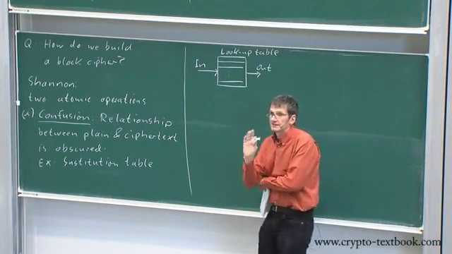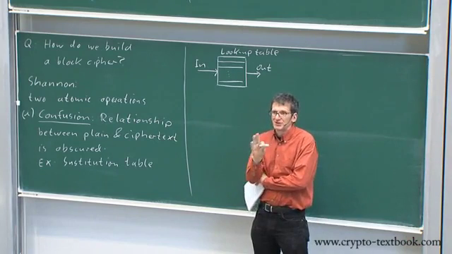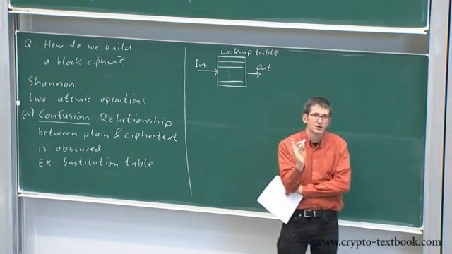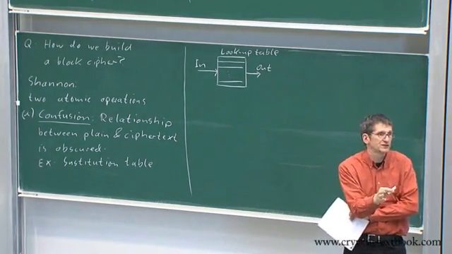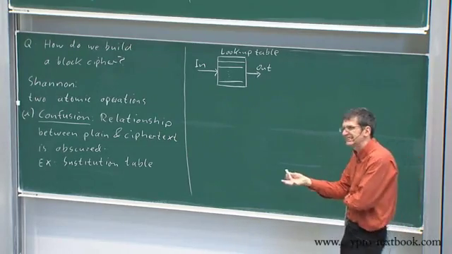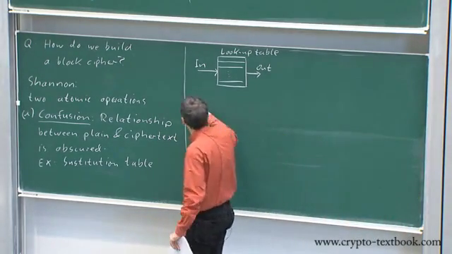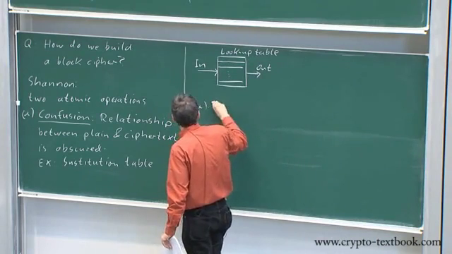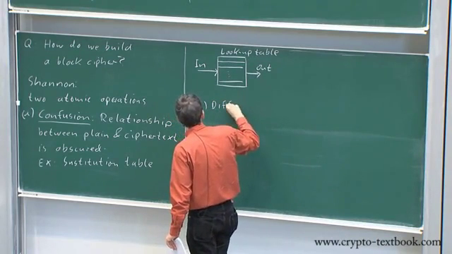But he said this is not enough. Which is not surprising to us because we know the Caesar cipher by itself is not strong. He said you should also do something else, which is called diffusion.